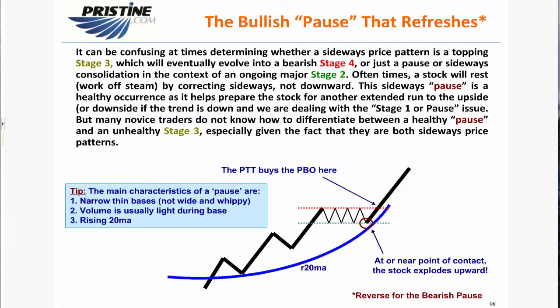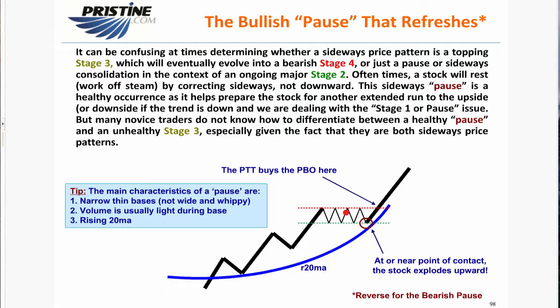Because there are times where price will be going sideways and then break out, which is what you see on this slide. You can have price moving up in a stage 2, it goes sideways and then breaks out again. When you get that breakout and continuation of the prior trend, that is a pause that refreshes the prior move.